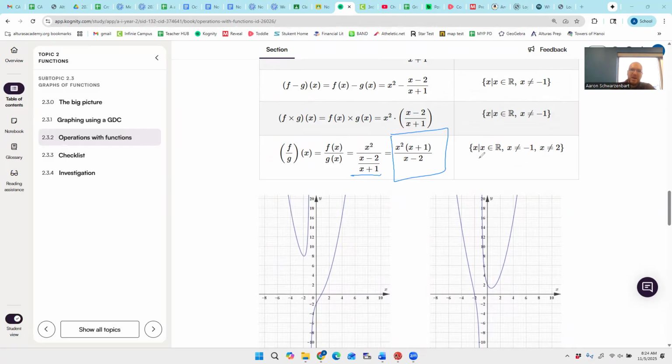When giving the domain though, x minus 1, x is not equal to 1, is now in the numerator. But it was originally in the denominator as part of g, so it's not in the finished domain.